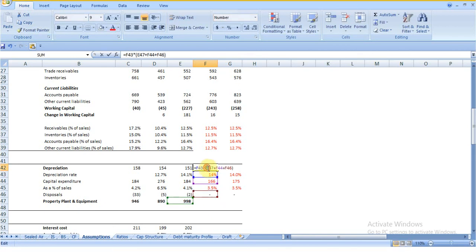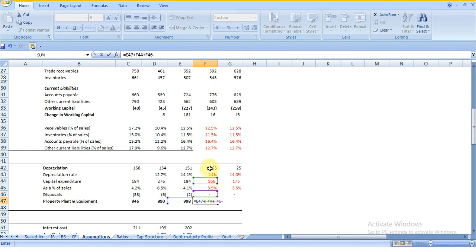I'll drag it. Now I can easily calculate what is my property, plant, and equipment. Property, plant, and equipment is nothing but last year's balance plus the capital expenditure this year plus the disposals which are in a negative, minus my depreciation.